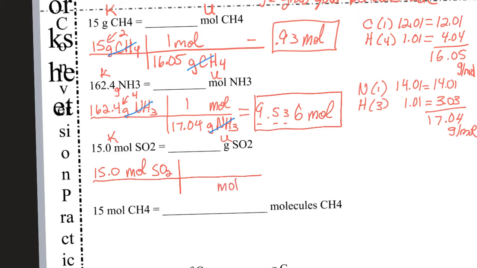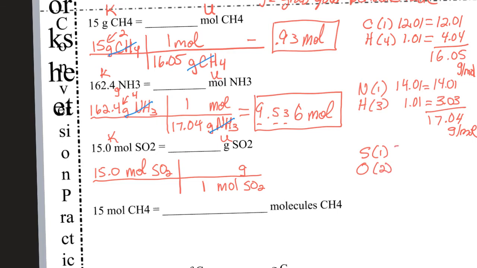So the question is, I'm going to grams. How many grams does 1 mole of SO2 weigh? The G for grams stands for grab your periodic table. We got to calculate this one. So we have sulfur, we have oxygen, 1 sulfur, 2 oxygen.